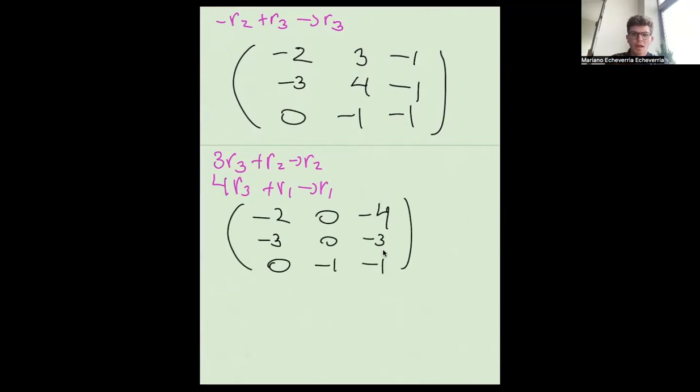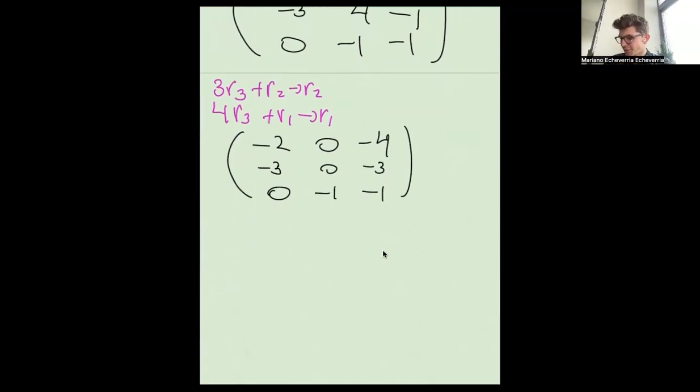Okay. And then yeah, let's see from here. Is this consistent? Well, yeah, it's always consistent. Oh, okay. Yeah, so now I'll divide row 2 by minus 3.